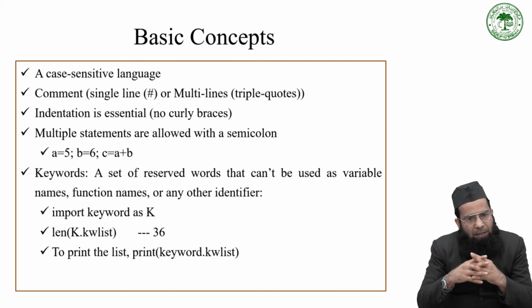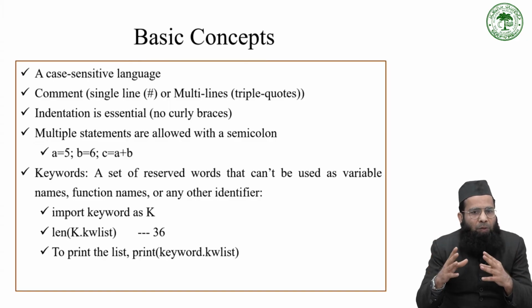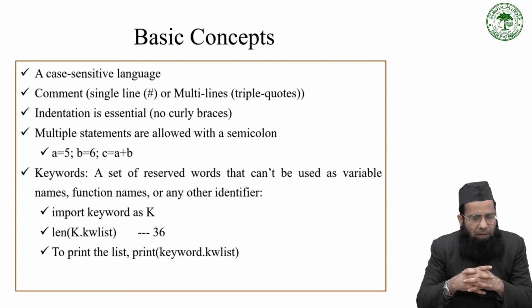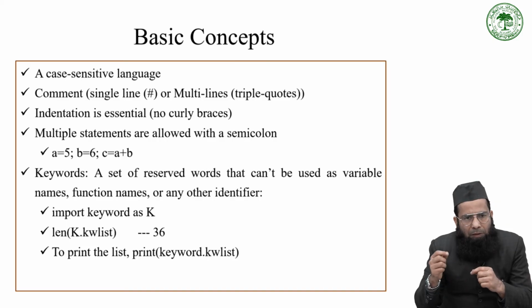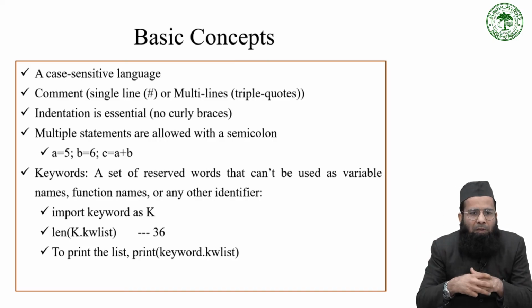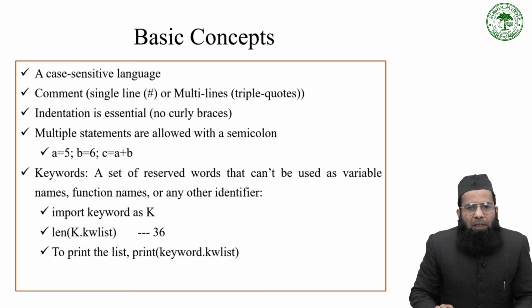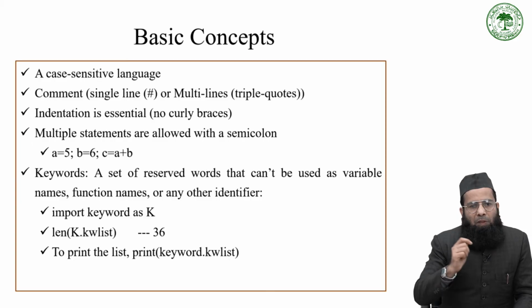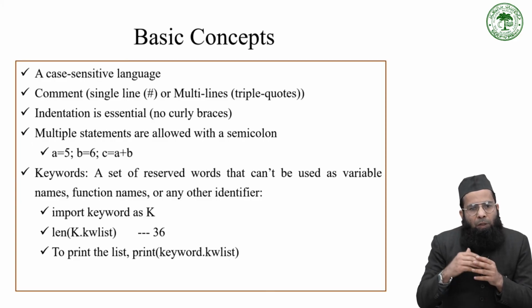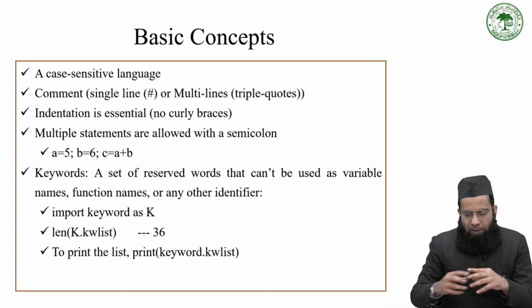Keywords: there are certain reserved keywords that you cannot use. There are, I think, 35 or 36 keywords that you can view by using the import keyword. Let me show you how we can use the Python shell to show the number of keywords.